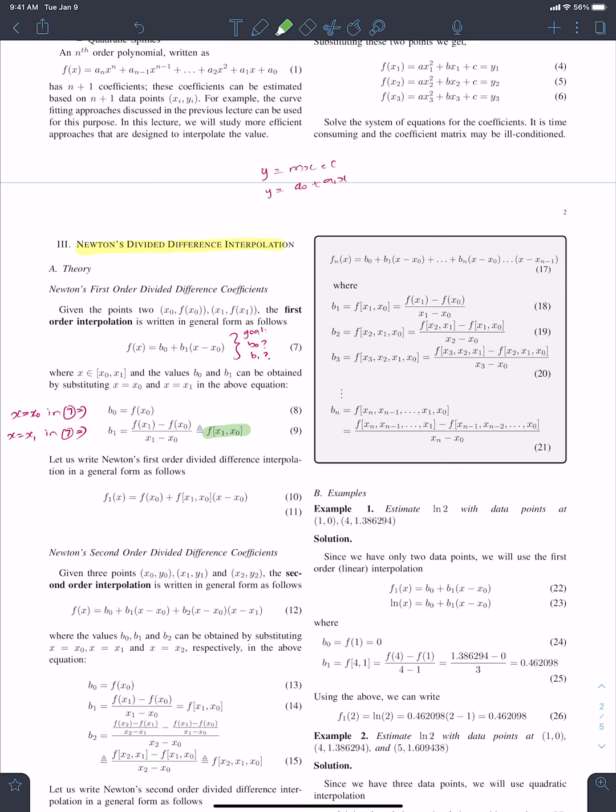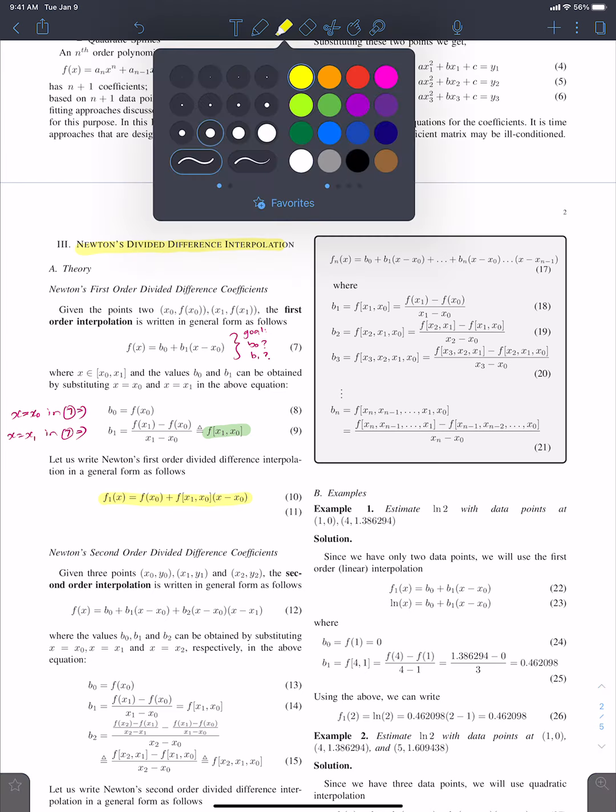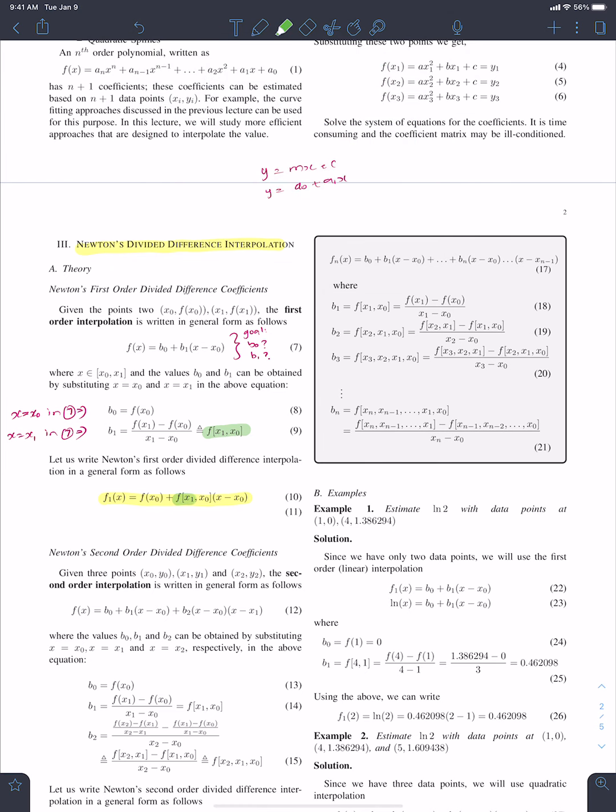Now let me rewrite the function. f(x) is f(x0) plus f[x1, x0], that new notation that I introduced, times (x minus x0). That is exactly how we defined it.